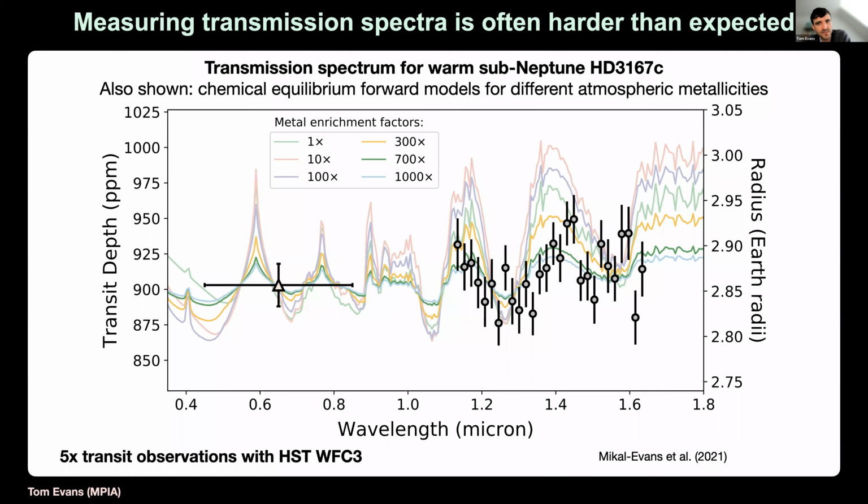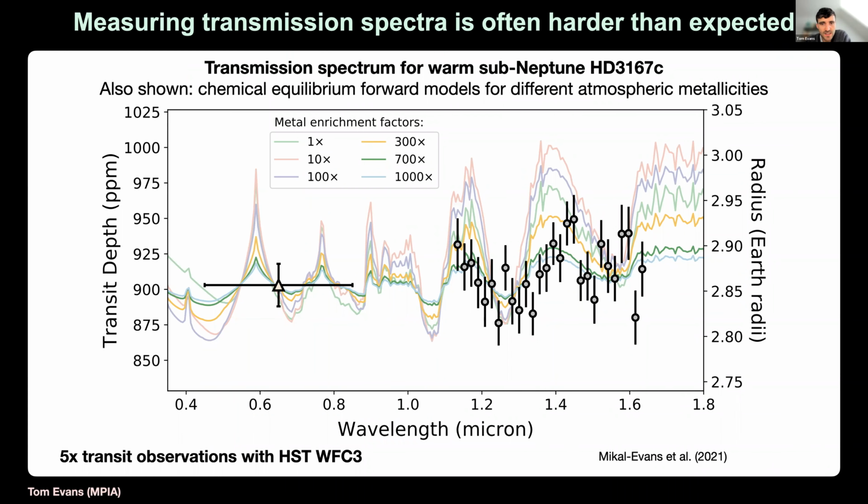So for example, here's a transmission spectrum that we measured for the 500 Kelvin sub-Neptune HD 3167c. And in fact, this is one of the most precise transmission spectra that's ever been measured with HST, with a median uncertainty in each of these wavelength channels of around 15 parts per million.